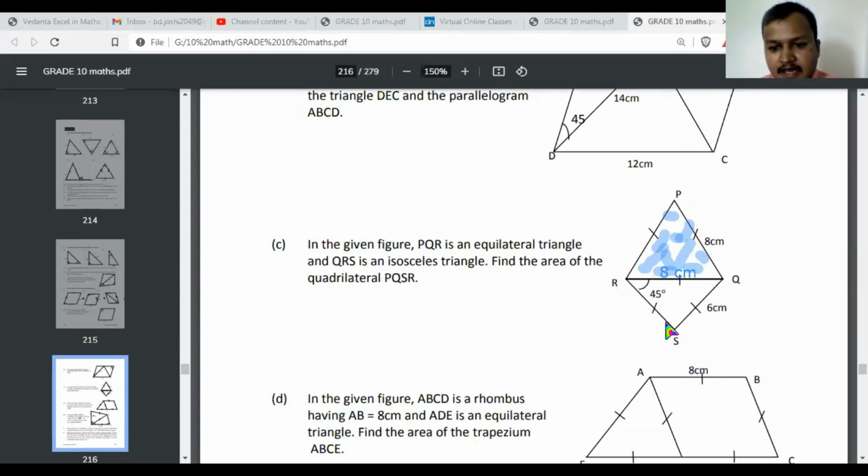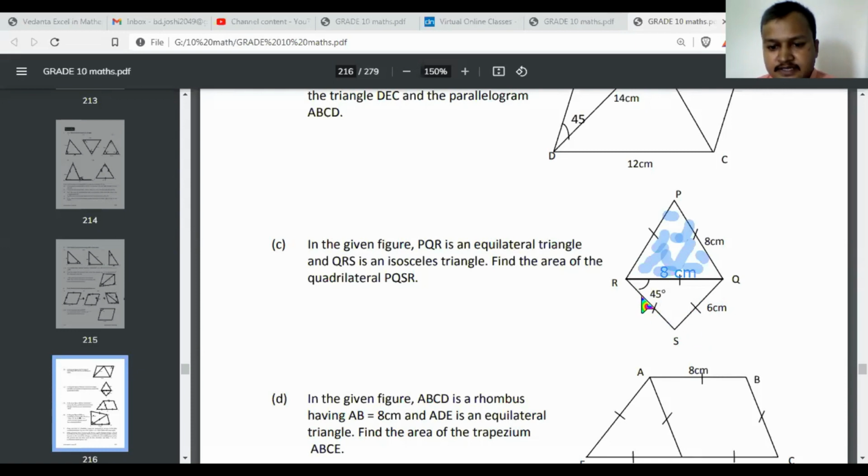And we know the angle between RS and RQ. Angle between RS and RQ is 45 degree. Then we can calculate the area of triangle RSQ also, because area of triangle is 1/2 product of two sides and sine of angle between them. 8 into 6 into sine 45 degree.